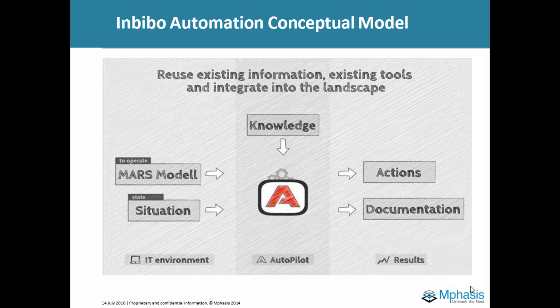Every customer has an IT infrastructure which is represented in some format, and in Autopilot we have this in the format of Mars. Mars stands for M for machine, A for application, R for relationship, and S for software. So this is basically a dependent model which is represented in Autopilot.